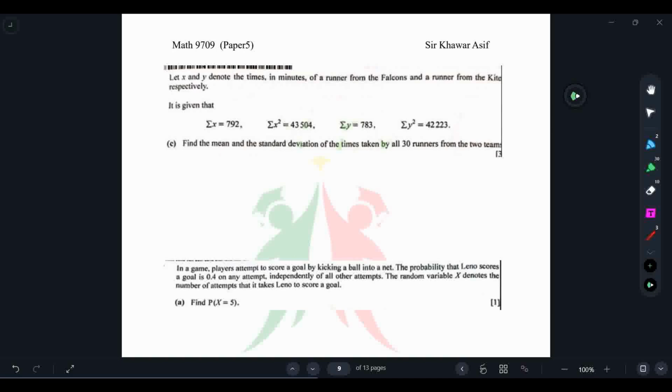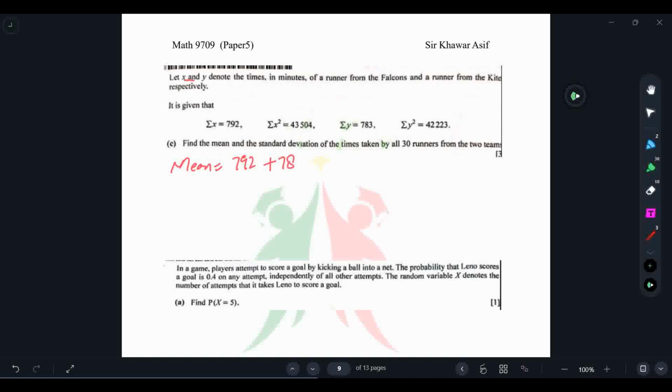So mean will be equal to, we need to add 792 plus 783, because x and y denote the time in minutes for Falcon and Runners.